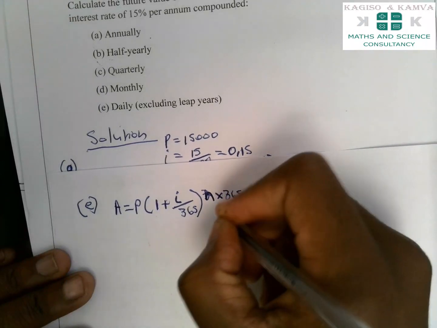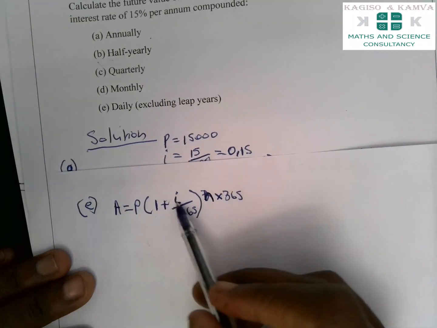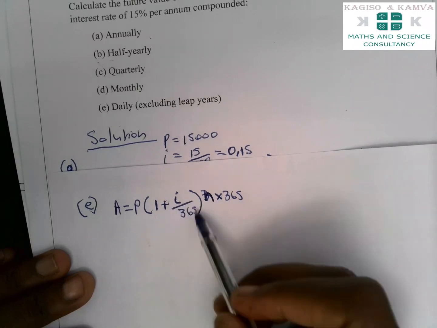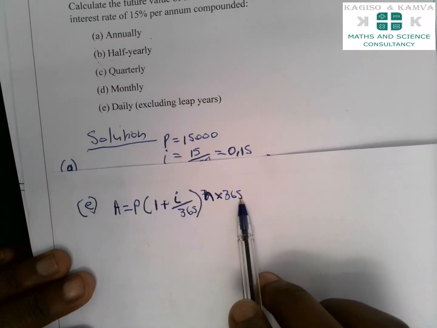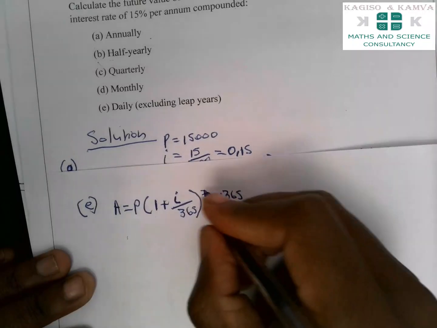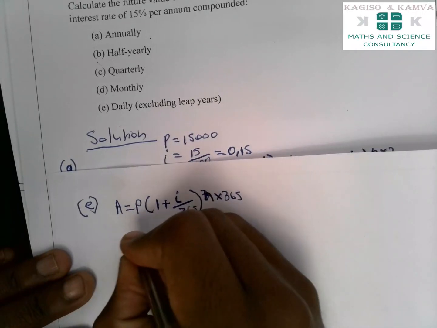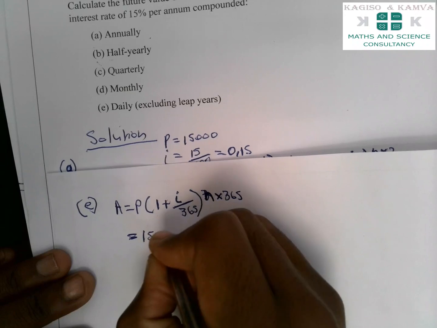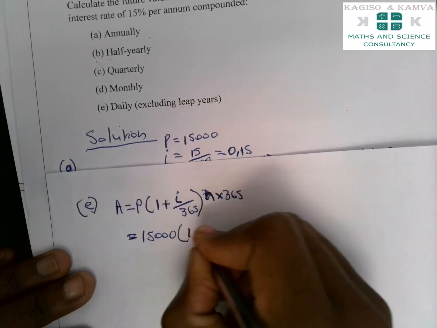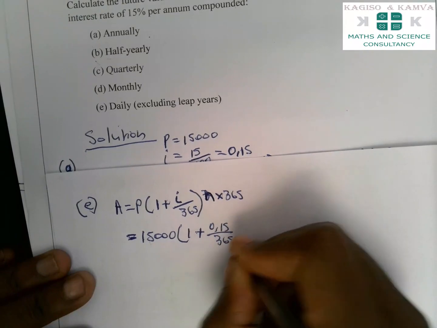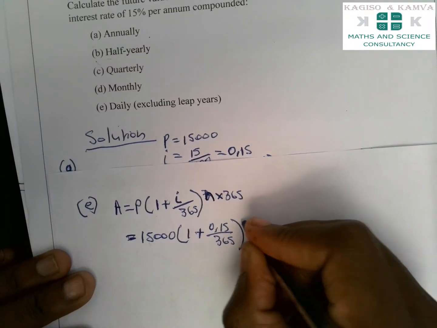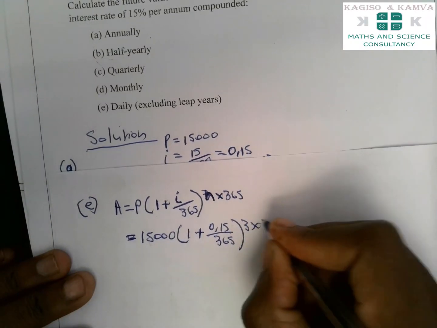So I'm trying to get the number of days, because this interest is divided by the days. In 3 years, that will be 15,000 (1 + 0.15 over 365) to the power 3 times 365.